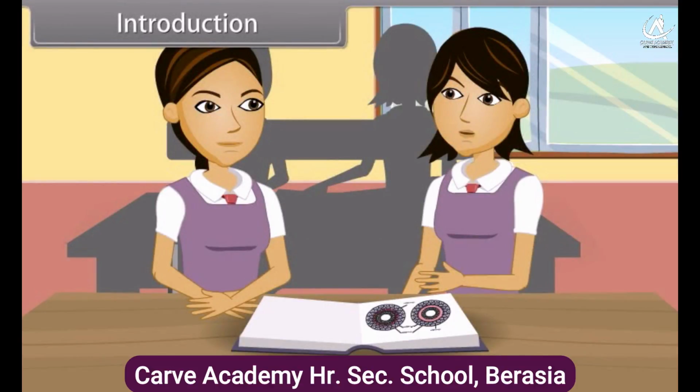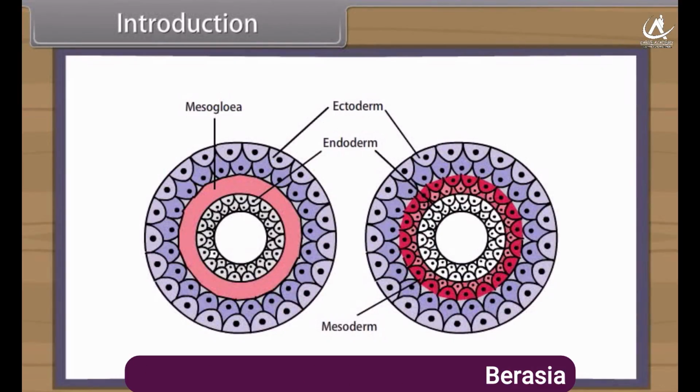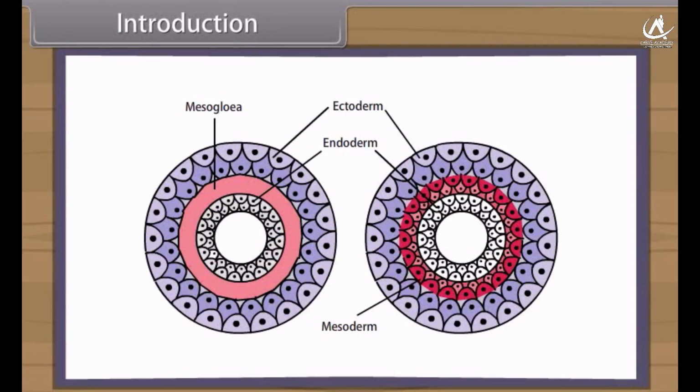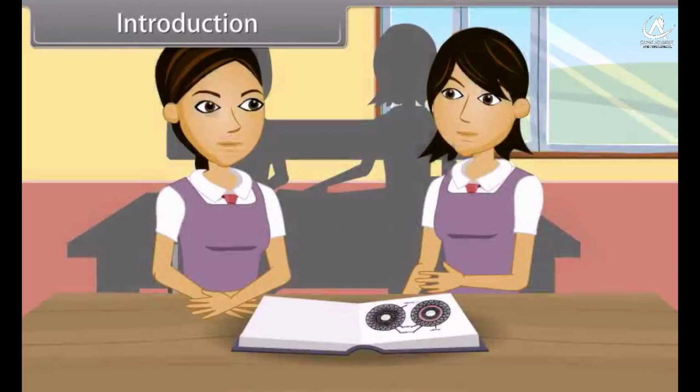According to the number of germ layers, animals are either diploblastic, example sponges, coelenterates, or triploblastic, example flatworms to mammals. We will now discuss some important characters and examples of various phyla of kingdom Animalia.